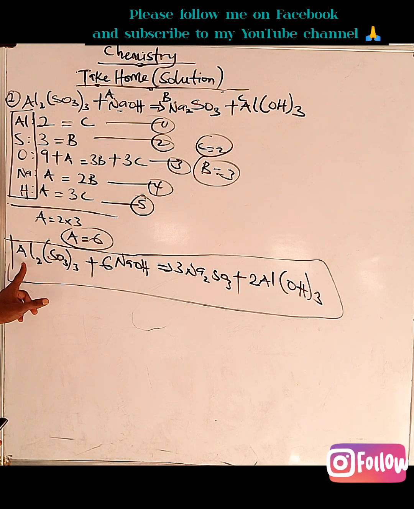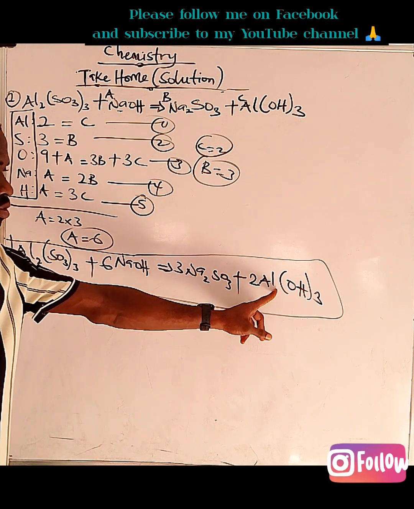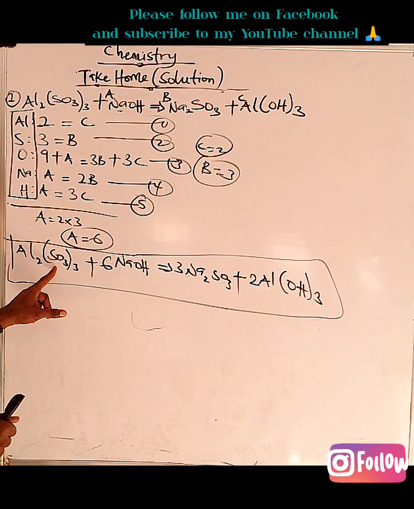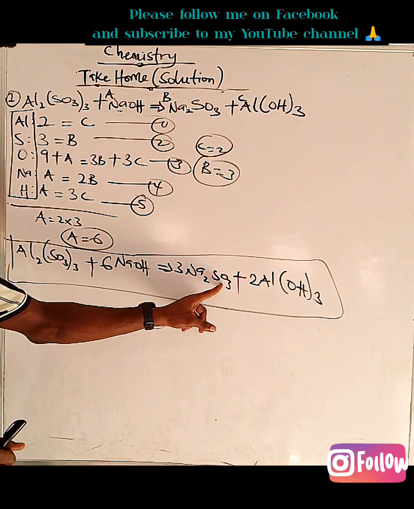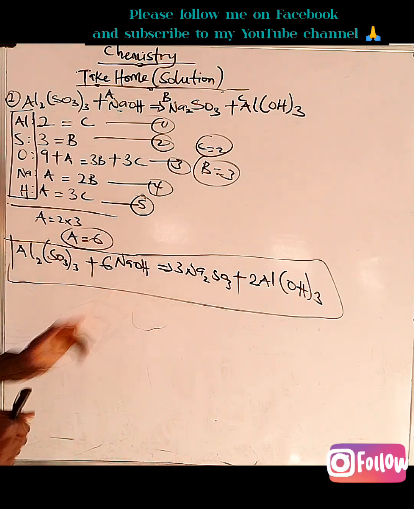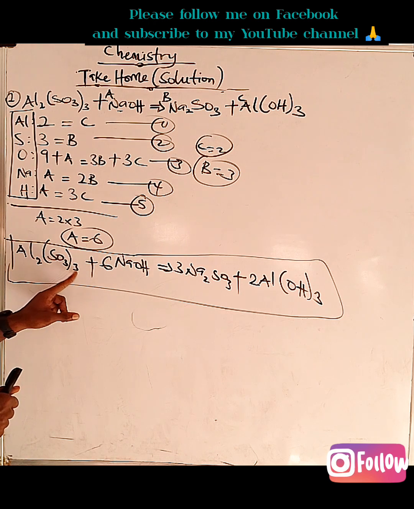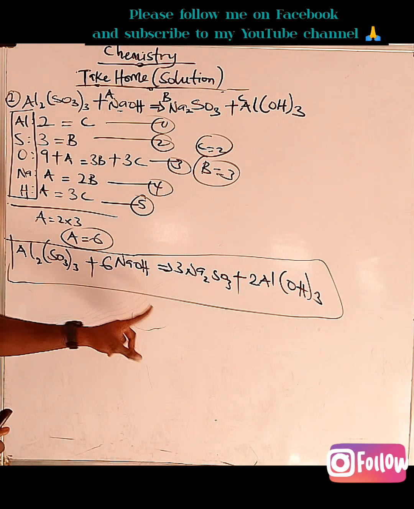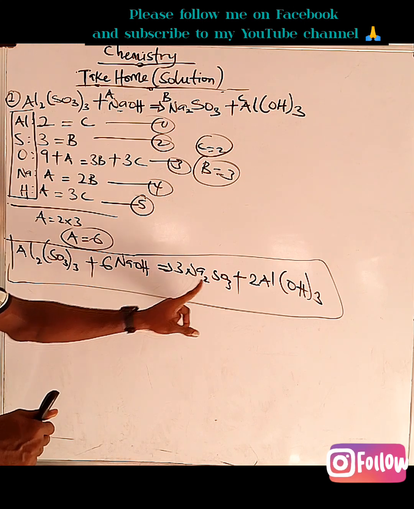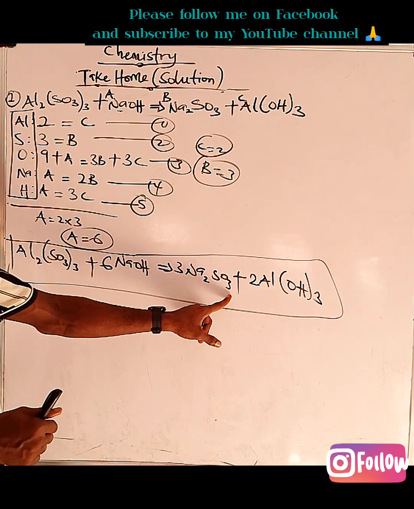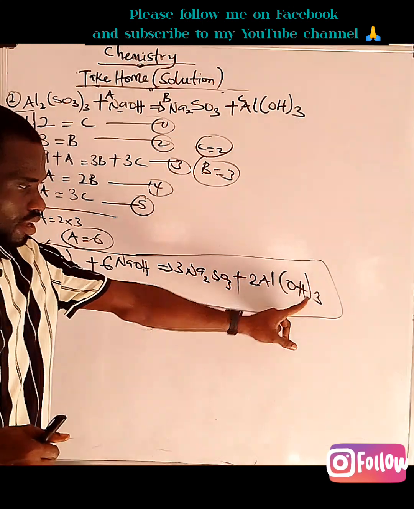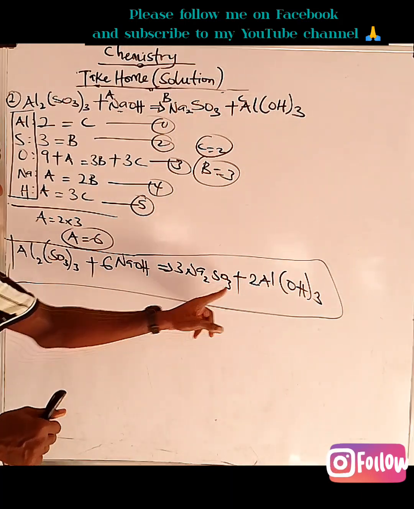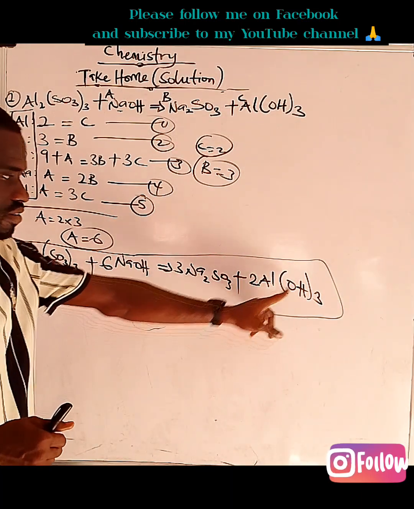Let's quickly see if the equation is balanced. Aluminium atoms: 2 here, 2 there, that's okay. Sulfur is 3 atoms here and 3 atoms there, so sulfur is balanced. Oxygen is 9 atoms here plus 6, which is 15 atoms. On the product end, oxygen is 3 times 3, which is 9, plus 6, that is 15.